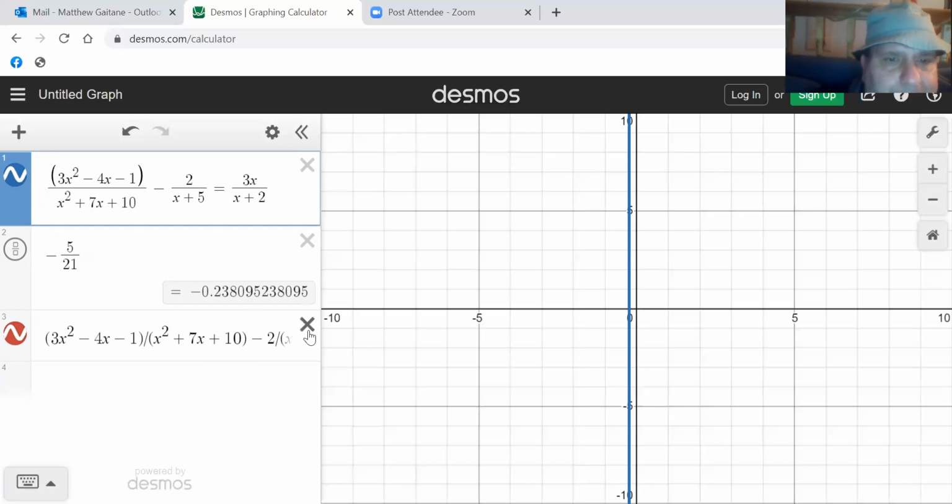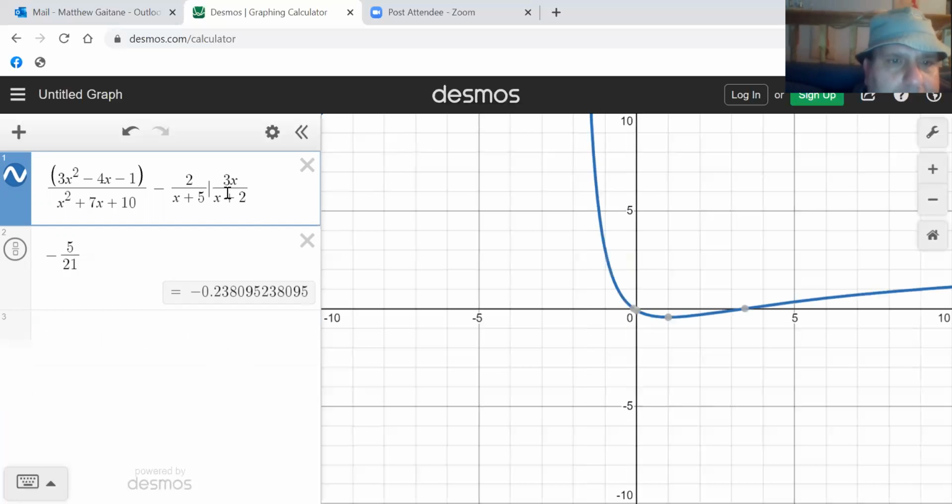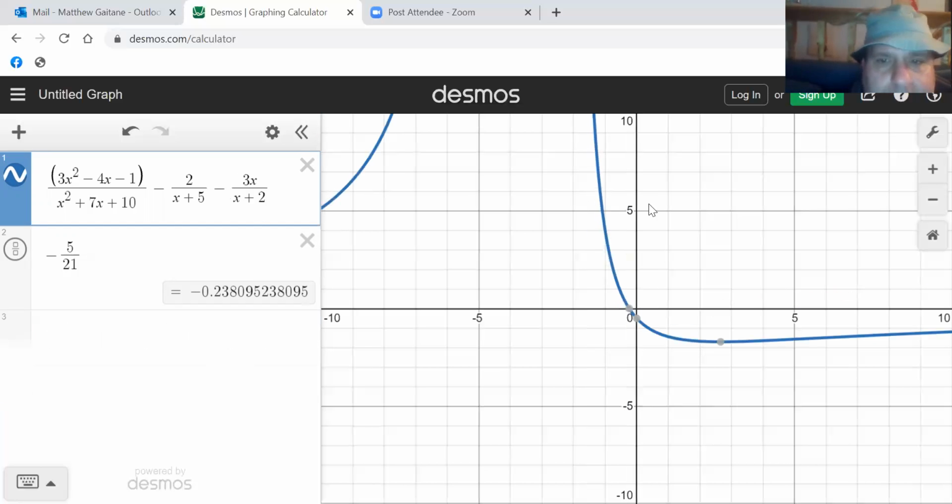Right, so I'm going to change that to minus, so hopefully we got this right. Negative 0.23, negative 0.238, bingo. So it checks out.